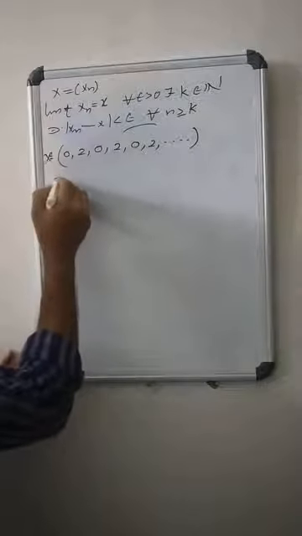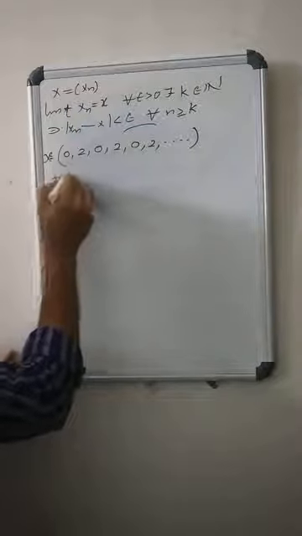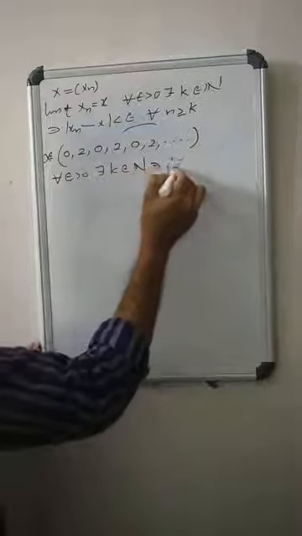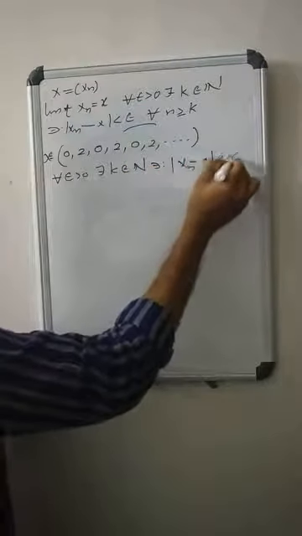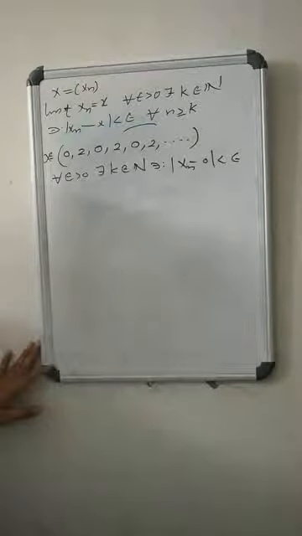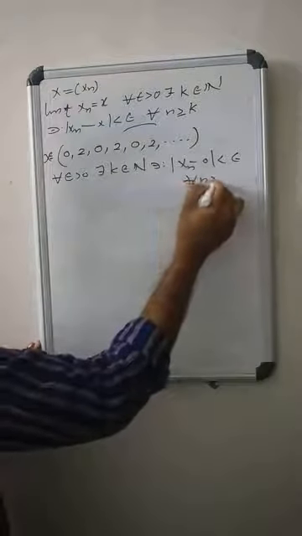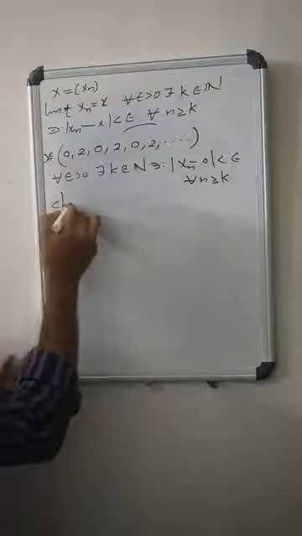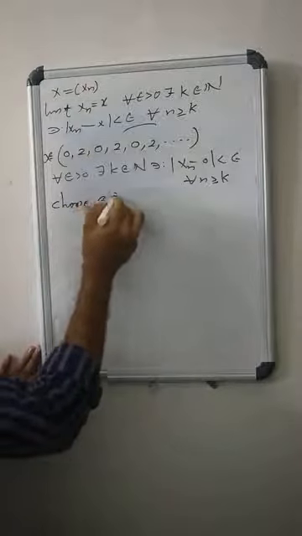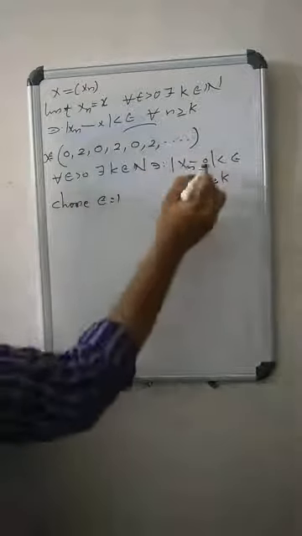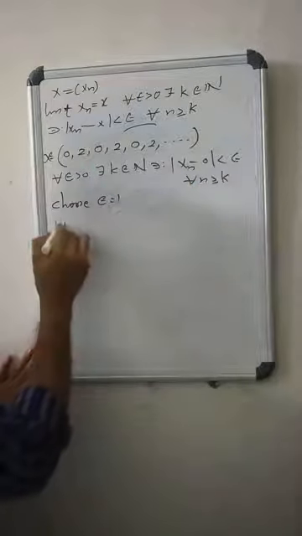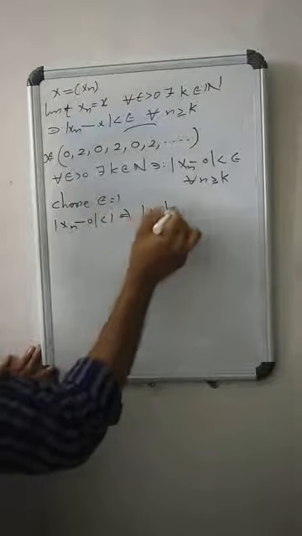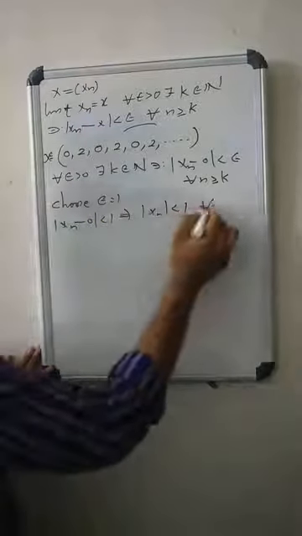That means for all epsilon positive, there exists some k in the natural numbers such that modulus of xn minus 0 is strictly less than epsilon for all n greater than or equal to k. That is from the definition. Choose epsilon equal to 1, a positive quantity. So what do we get? Modulus of xn minus 0 is strictly less than 1, which means modulus of xn is strictly less than 1 for all n greater than or equal to k.